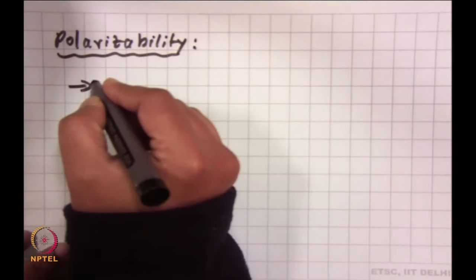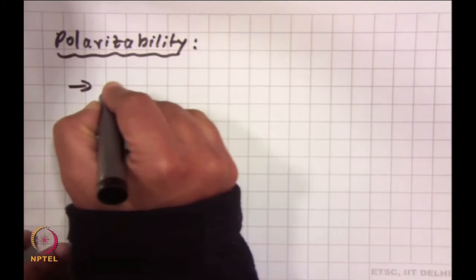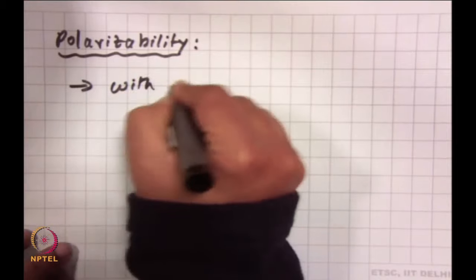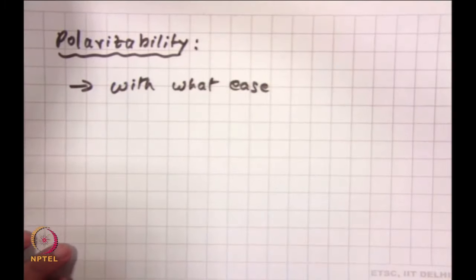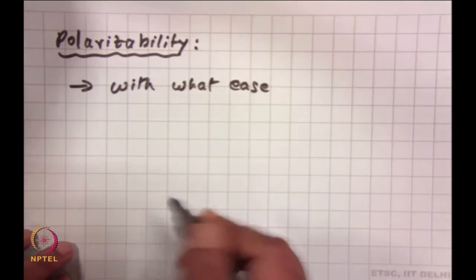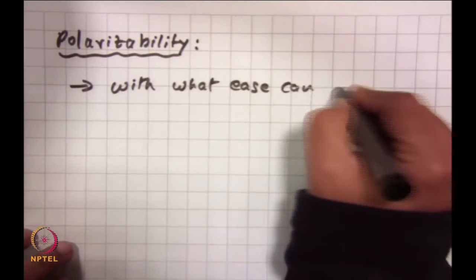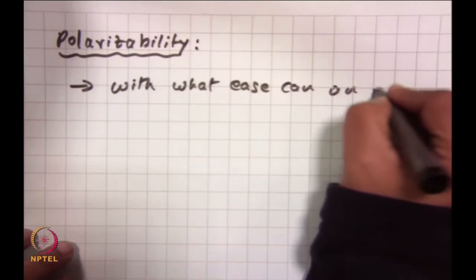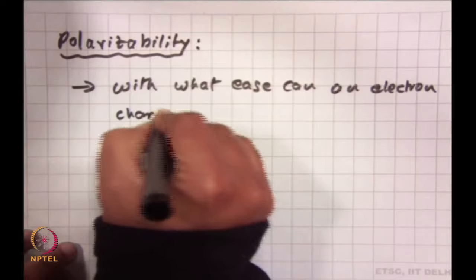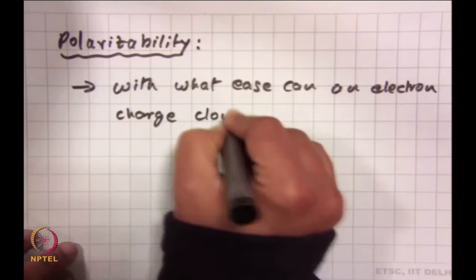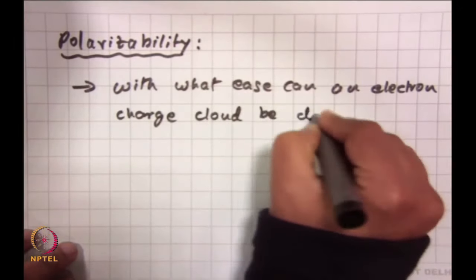This tells us how easily an electron charge cloud can be distorted.